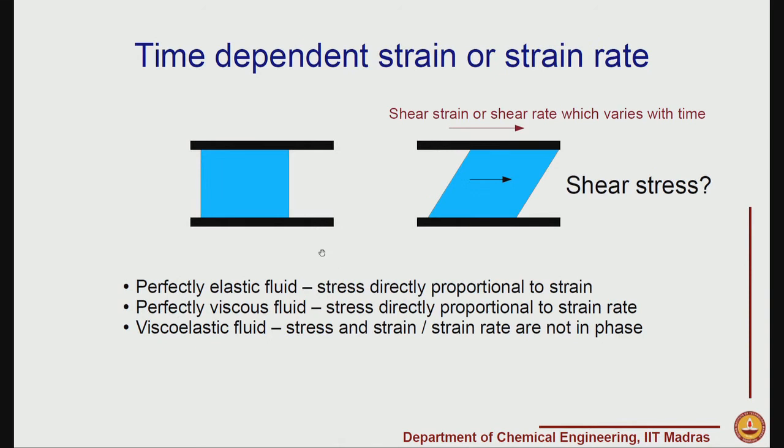The other phenomenon which quite often will be very useful to us is to look at what happens when we apply a time dependent strain or strain rate on the material. A time dependent strain or strain rate can be applied when we move this top plate with a certain time dependent velocity.